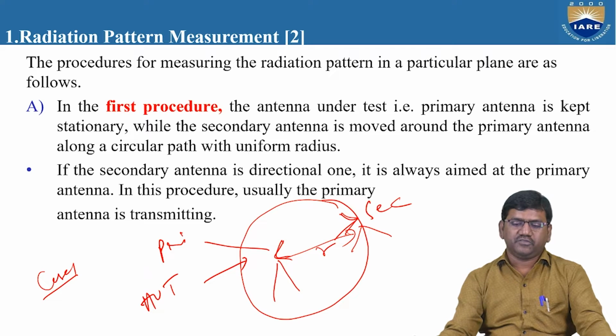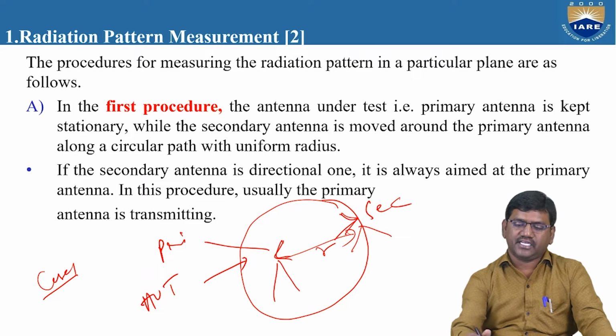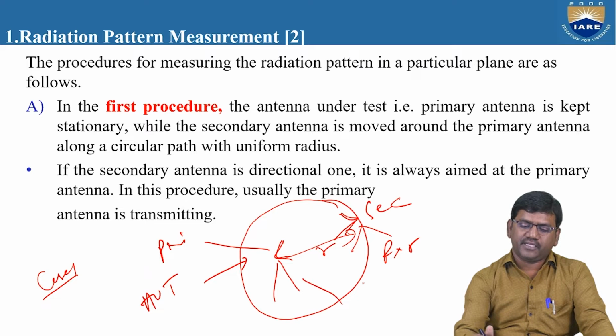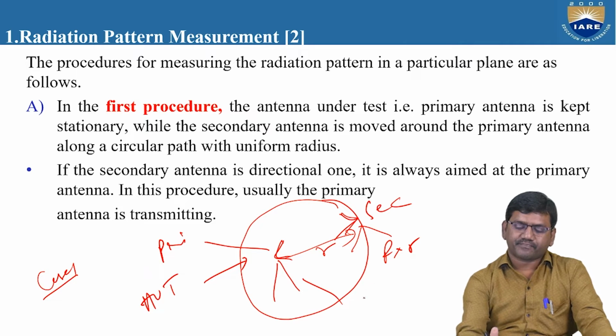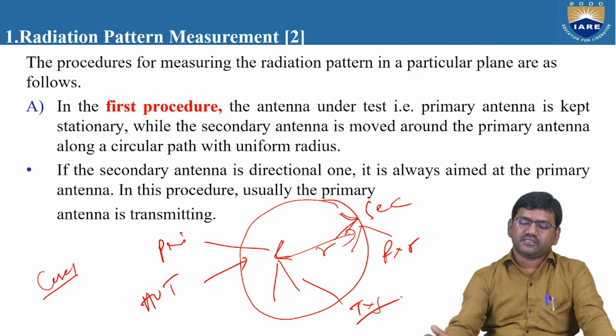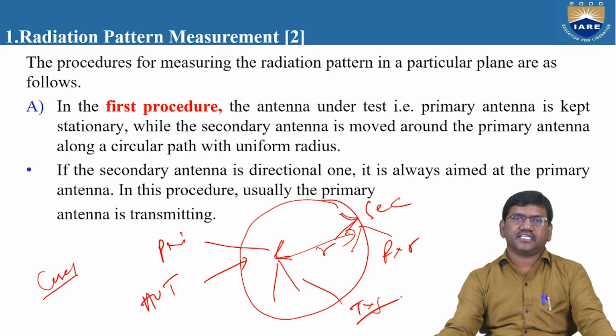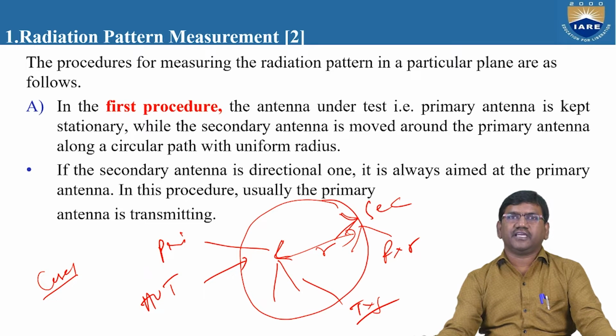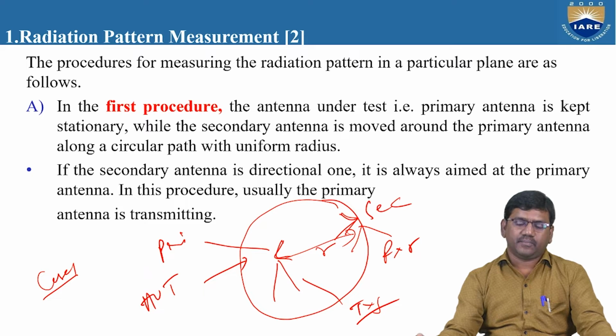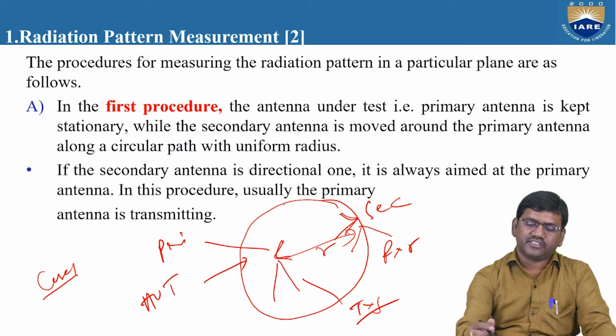In this procedure, usually the primary antenna is transmitting and the secondary antenna is receiving. The secondary antenna is the receiver here, the primary antenna is the transmitting antenna. The transmitting antenna is sending the signal, and the receiving antenna is receiving the signal. When the receiving antenna receives the signal, we need to record all the field strength that is measured on the observation point.